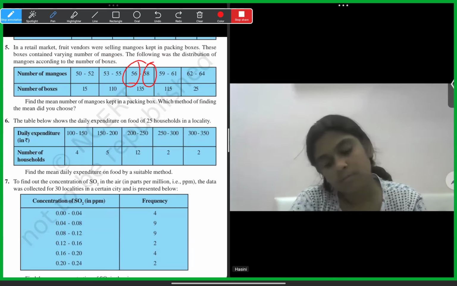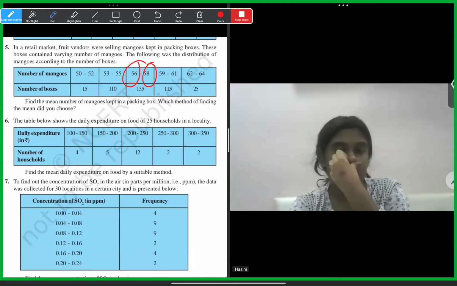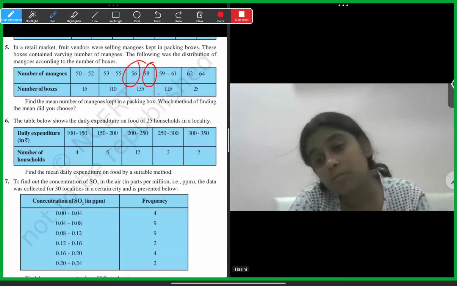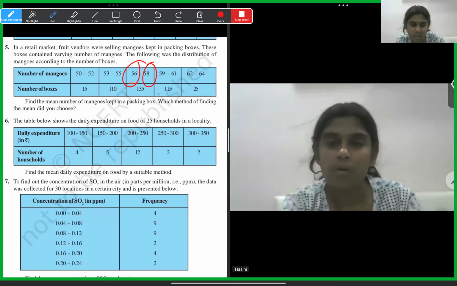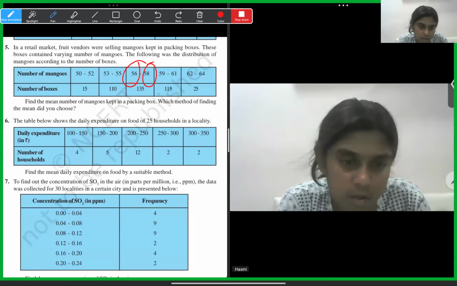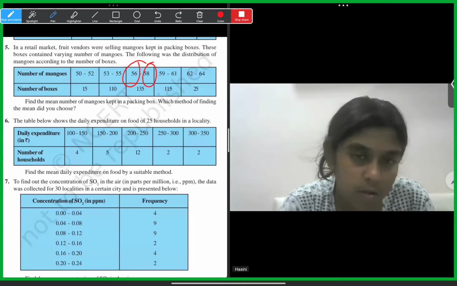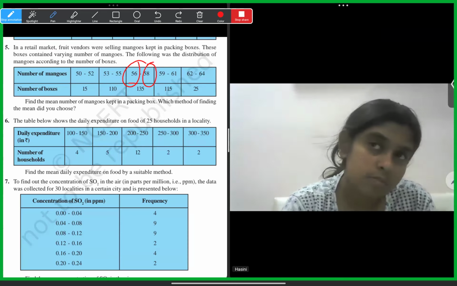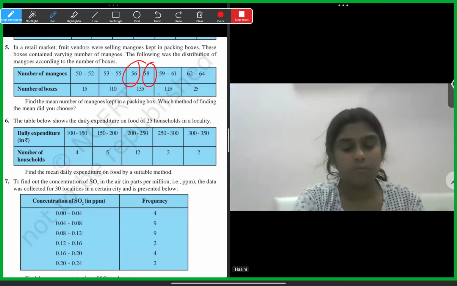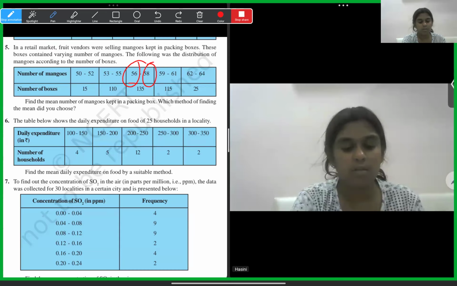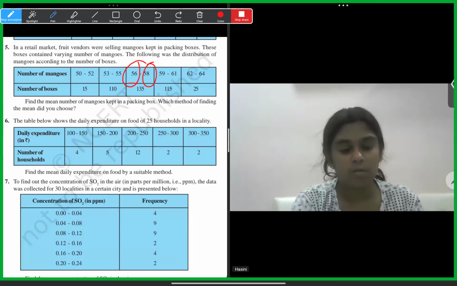We will not go for step deviation, because in step deviation mostly we take h as the class size. So if class size is different, which value will we take?